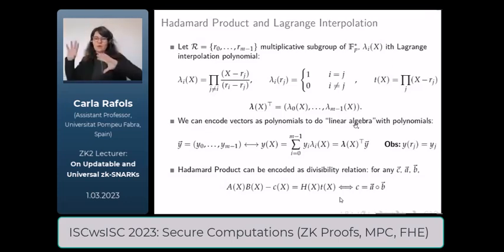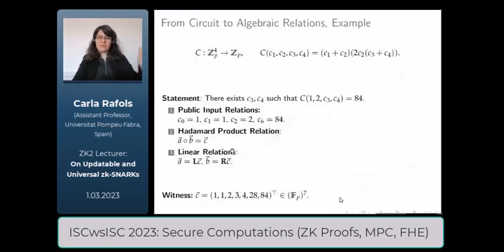For now, we don't talk about the Fourier transform, but the point is that we are mapping each vector to a polynomial. We are using the evaluation representation. Here we have a set of linear relations with vectors, so you want to prove things about vectors for now.